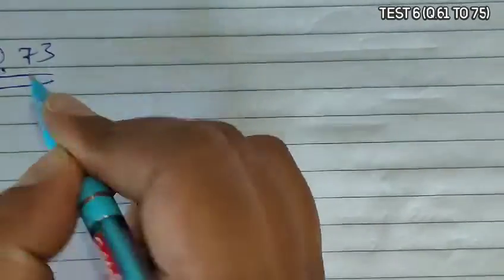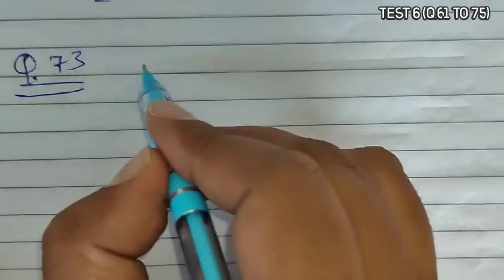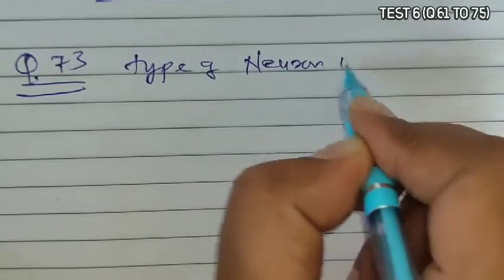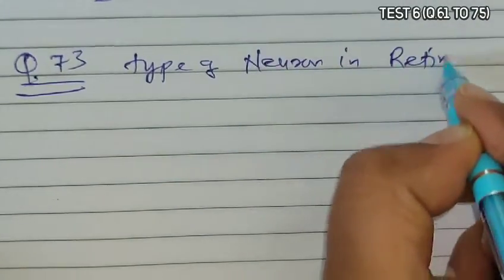Next is question 73. Question 73 asks which type of neurons are found in retina? Type of neuron in retina.